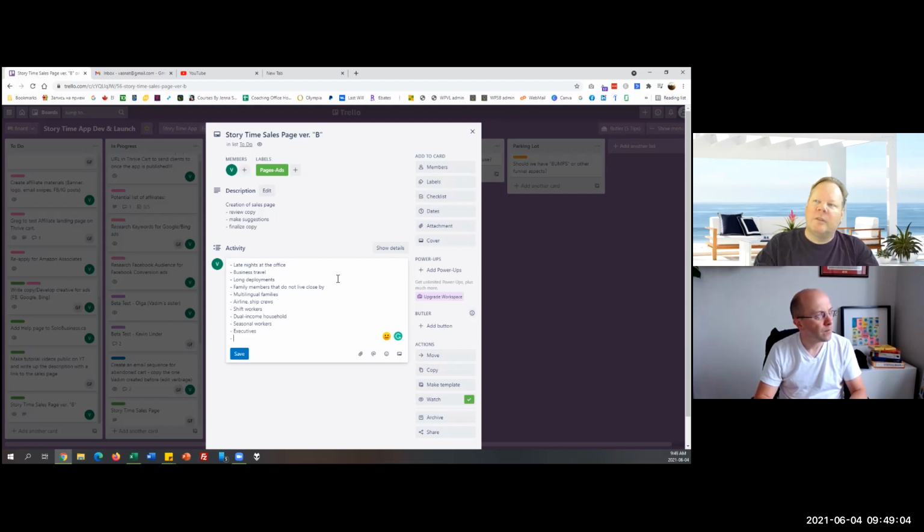We talked about the overnight camps the other day. If you were working in the warehouse, like an Amazon warehouse at night, that's also shift work. Yeah, that's shift work.